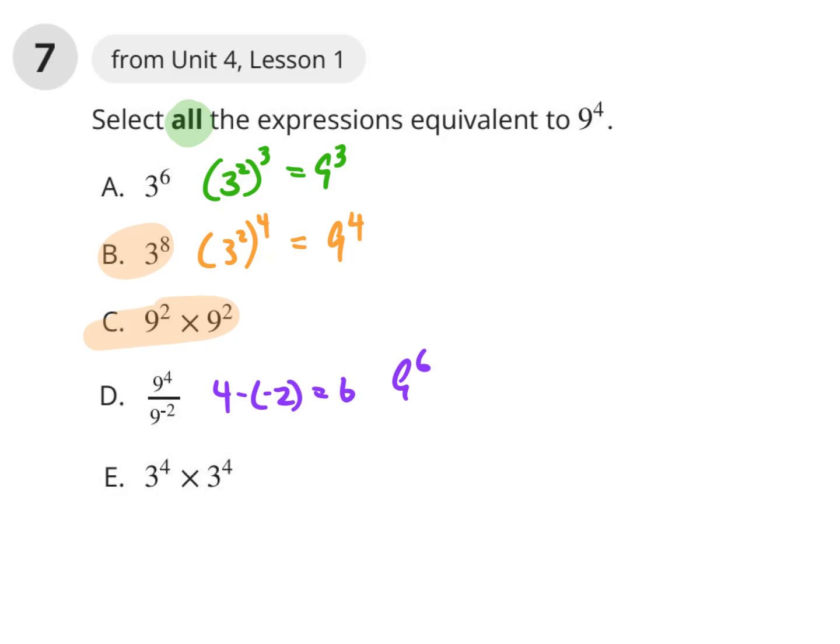So that's 9 to the 6, which doesn't work. 3 to the 4th times 3 to the 4th could be 9 to the 4th, because you've got 3 squared to the 4th power, because they had the same exponent. Even though they're the same base, I could do this. So E works. Sorry, I meant to put on the highlighter here.